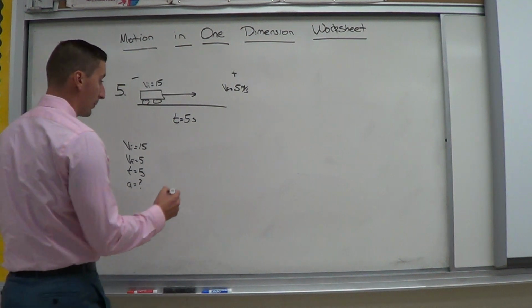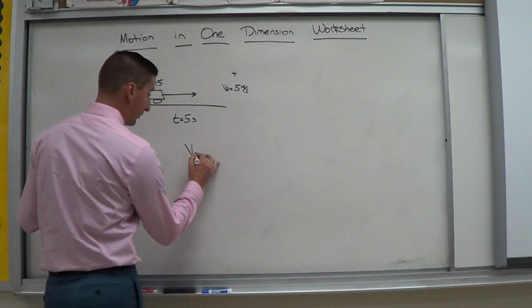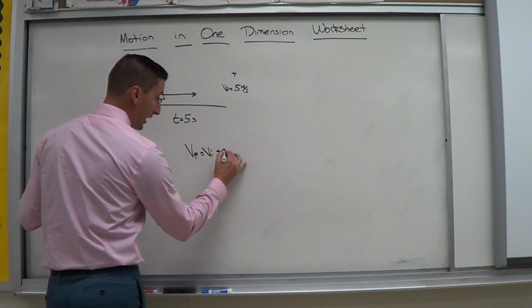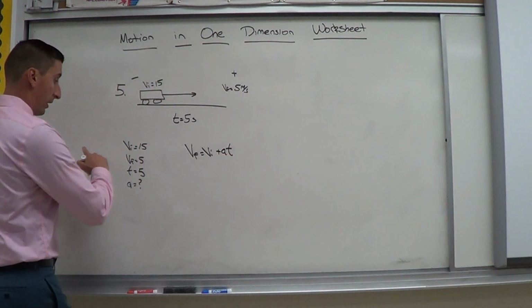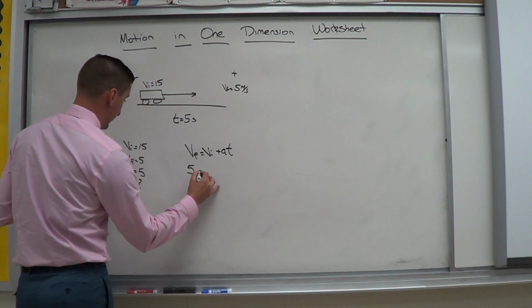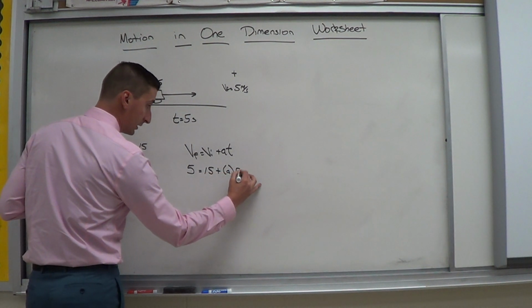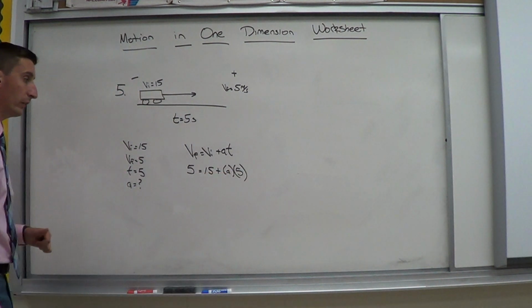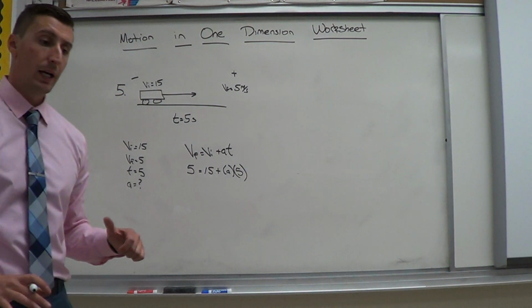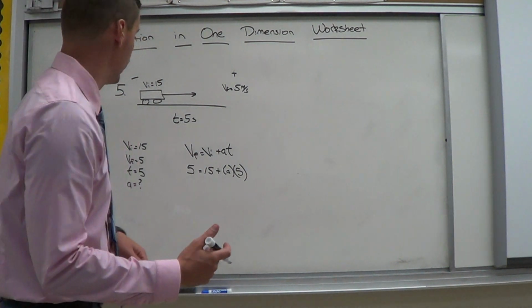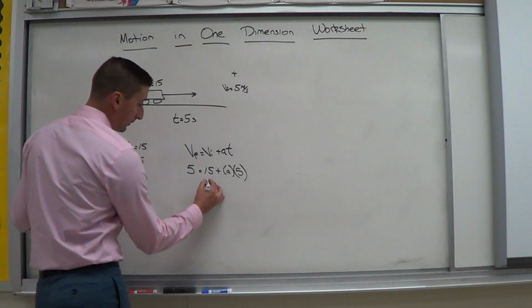I looked at my equation sheet, and I'm going to use this equation here: VF = VI + AT. I plug in. VF is 5, VI is 15, plus A is what I'm looking for, and T is 5. So all I did was plug in. Next thing I'm going to do is solve. So I'm going to subtract 15.